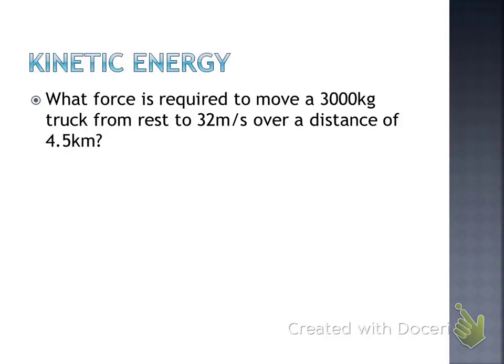What force now is required to move a 3,000 kilogram truck from rest to 32 meters per second over a distance of 4.5 kilometers? So now we're taking the fact that we know work is equal to change in kinetic energy and work is equal to force times displacement, right?